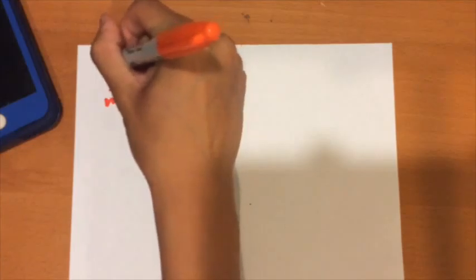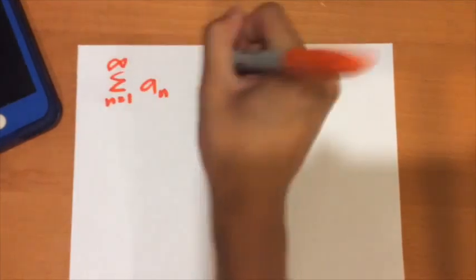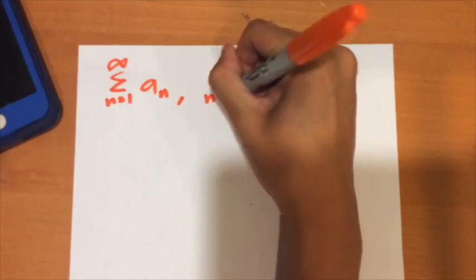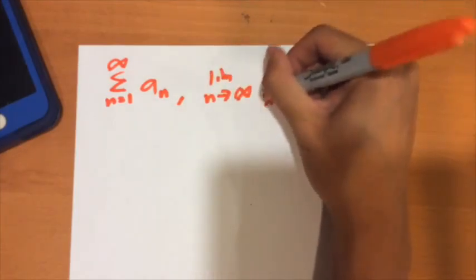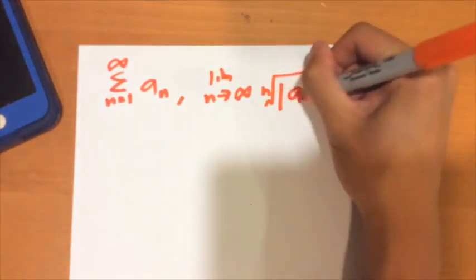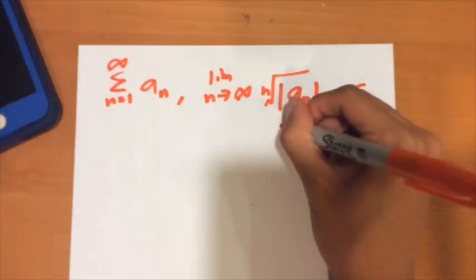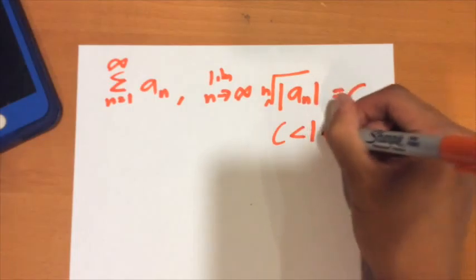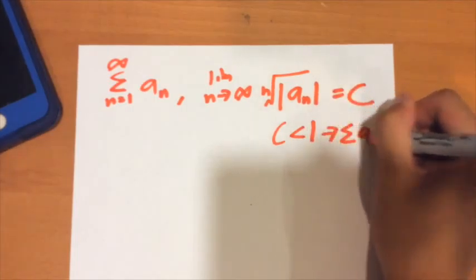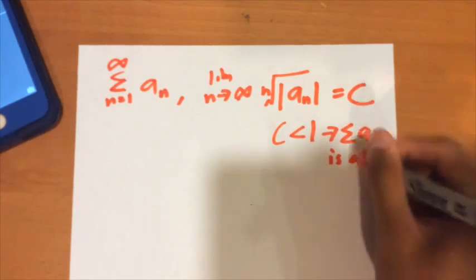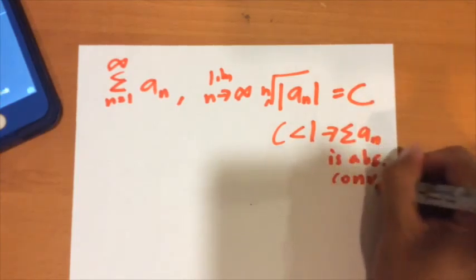The root test states that given the summation of a sub n, if the limit as n approaches infinity of the nth root of the absolute value of a sub n equals some constant. If this constant is less than 1, then the summation of a sub n is absolutely convergent.